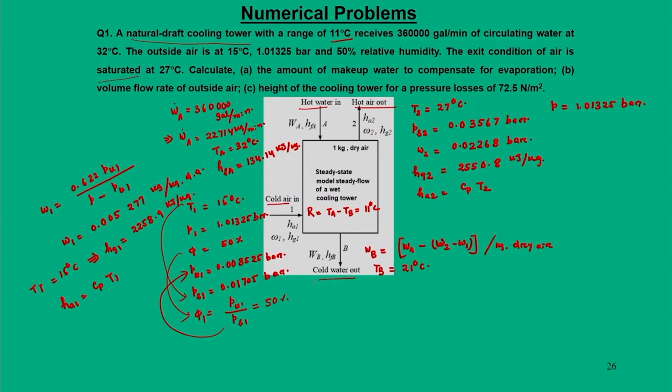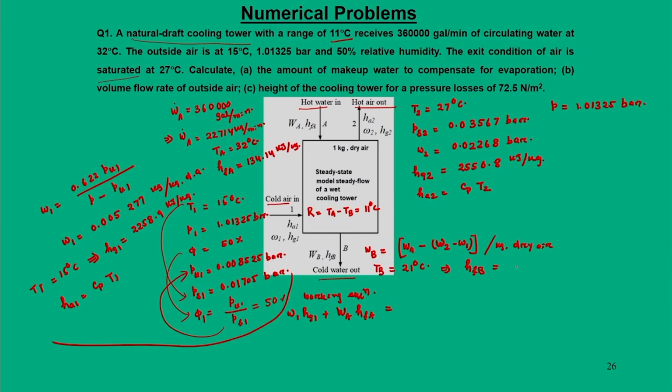Then we can use our working equation, which says that omega 1 Hg1 plus WA HFA is equal to, here also HFB.